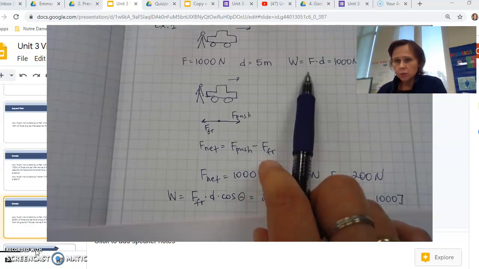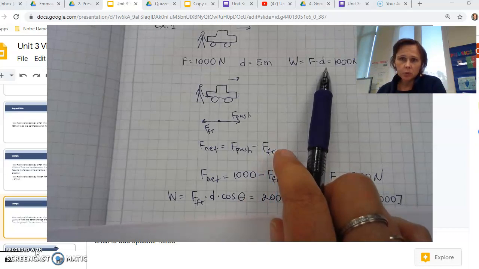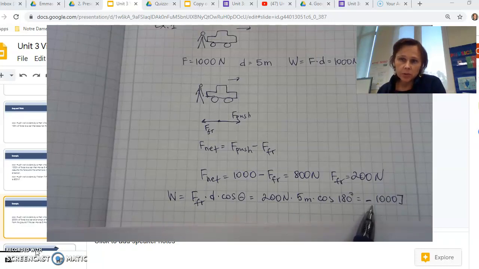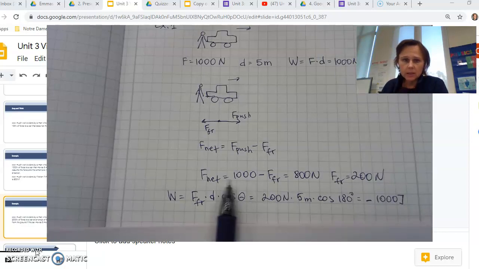In the first case, we just use force times displacement because they're in the same direction. In this situation, they're in opposite directions, so theta is 180 degrees and the cosine equals -1. So the work is going to be -1000 joules, which means that the force of friction is slowing the car down. It makes sense.